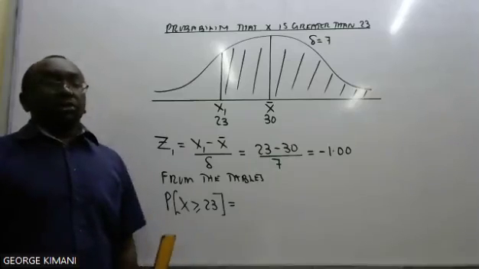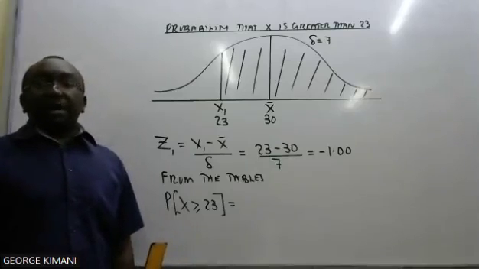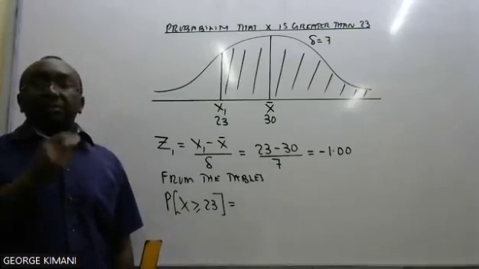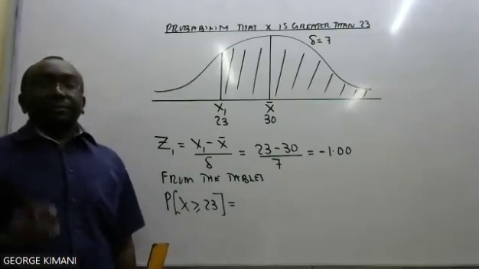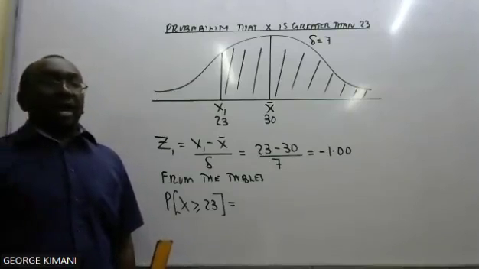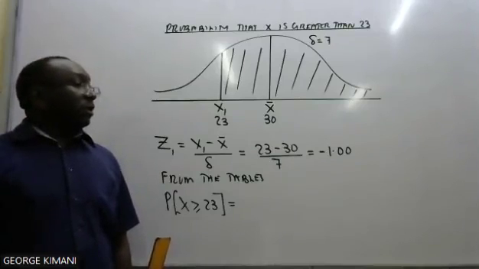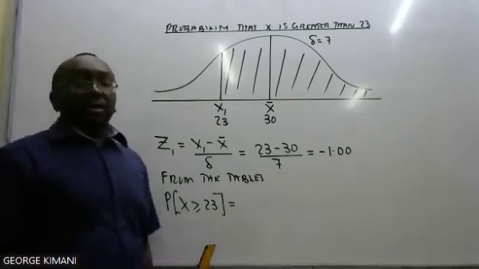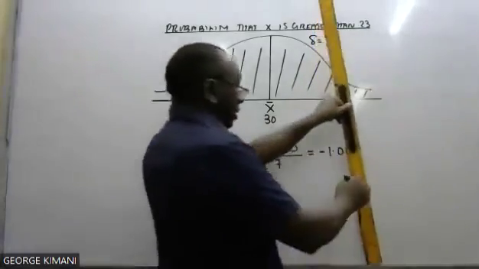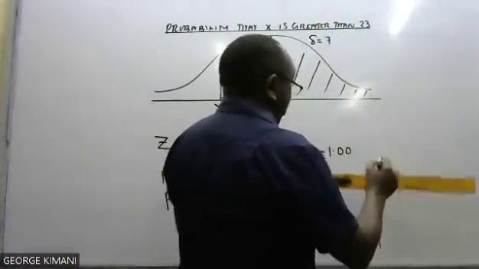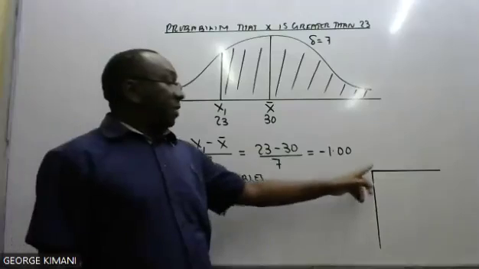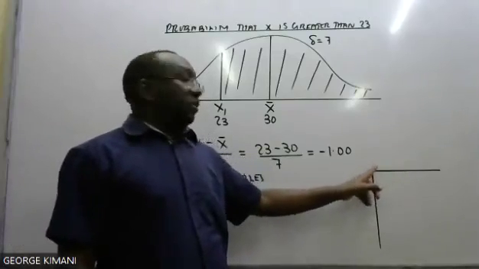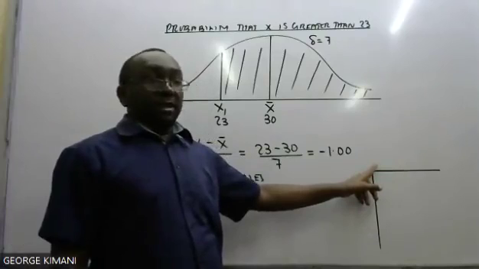I want you now to go to the back of your past papers. That's where we have the tables. After that table, you see it is written normal curve. On this side, there are values running from 0 to what? 9.